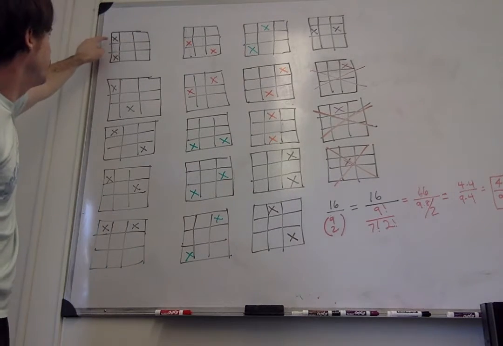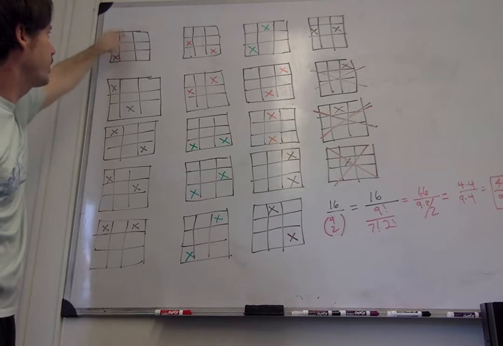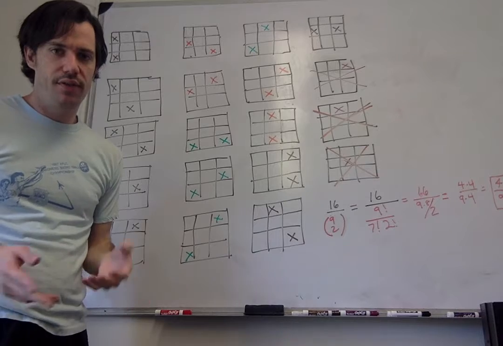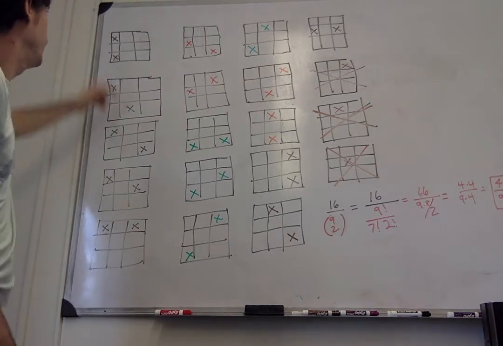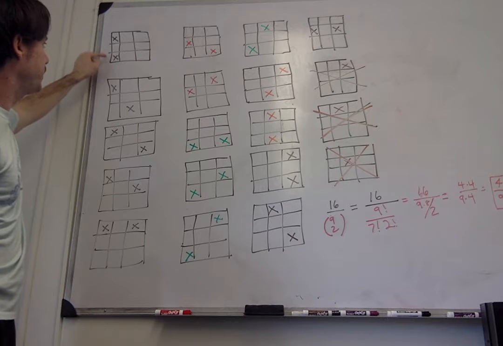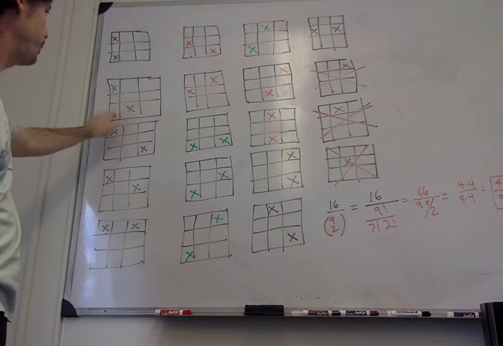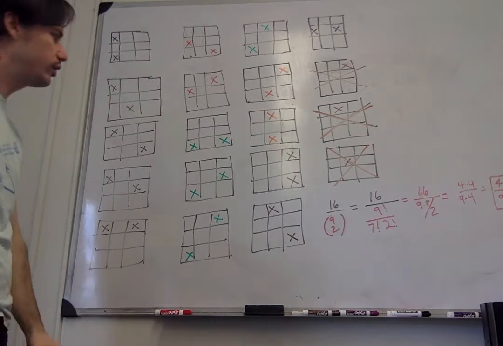Okay, so here you have top left, bottom left. I don't want to put it here or here or here, because if I did, then they're adjacent, and the whole point of this scheme is I don't want them to be adjacent to one another. So this seems like a good place to put one. Okay, so that's one. Here's another. So I don't put one here, I put one here. I'm just going to keep going around counterclockwise.